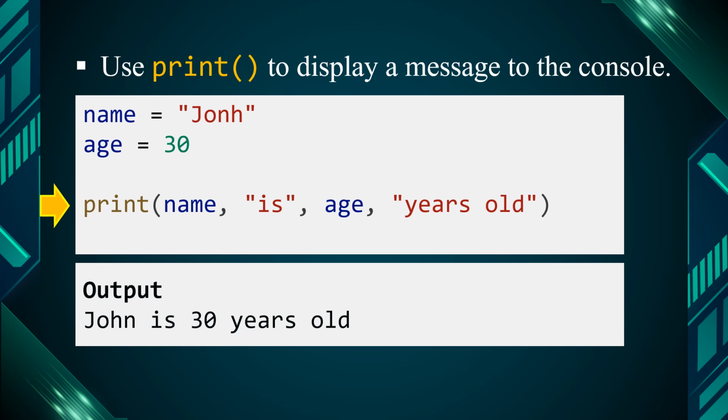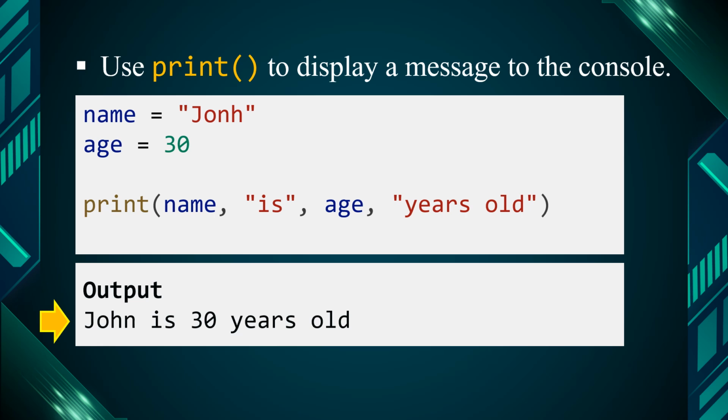Inside the parentheses, the print function combines the variable name, holding the value John. The string is literal text to describe the statement. The variable age, holding the value 30. The string "years old," another text to complete the sentence.